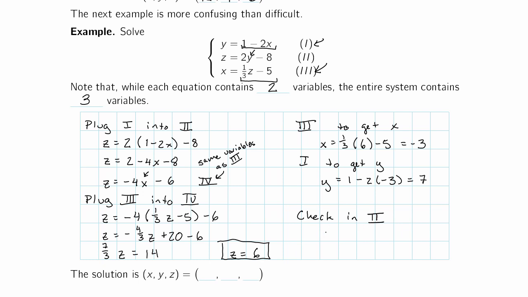And I'll have z, which is 6, equals 2 times y, which is 7, minus 8. Is that true? 6 is 14 minus 8. Yes, that's true. So my solution is negative 3, 7, 6.